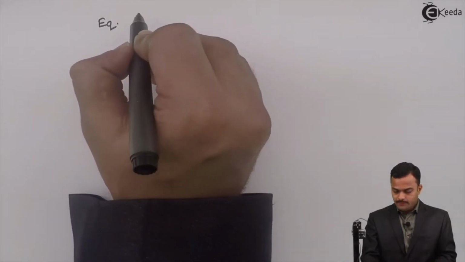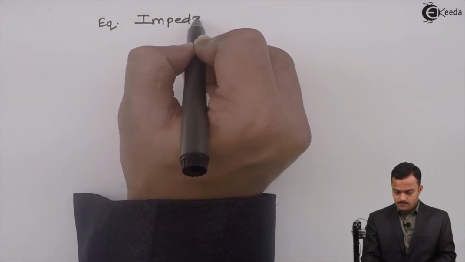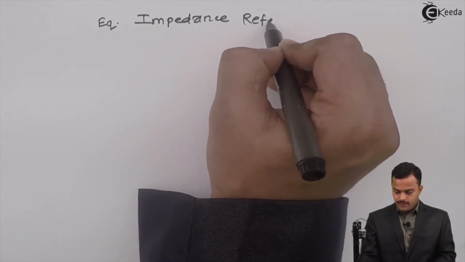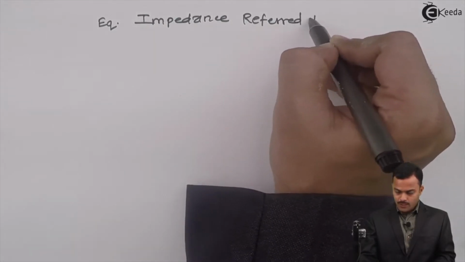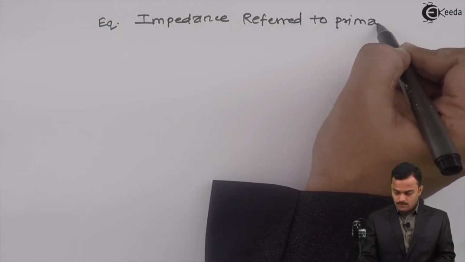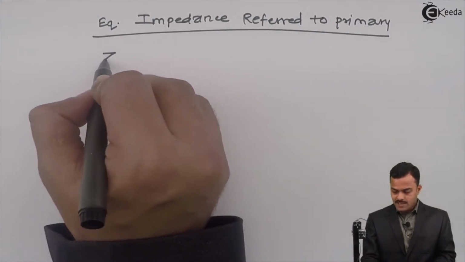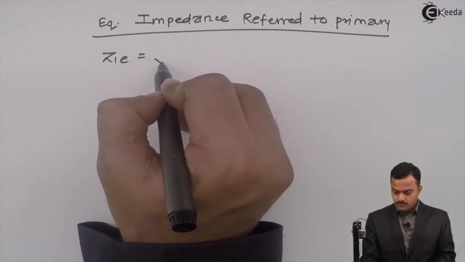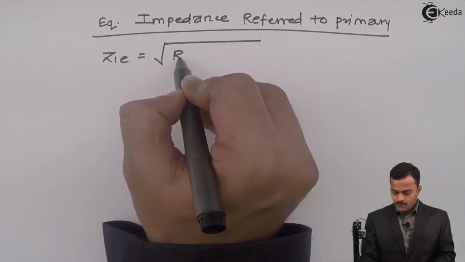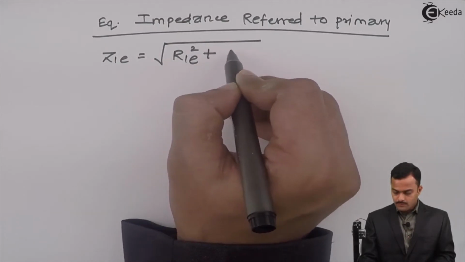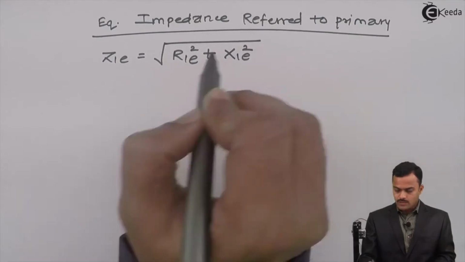So equivalent impedance referred to primary is given as Z1E equal to root of R1E square plus X1E square.